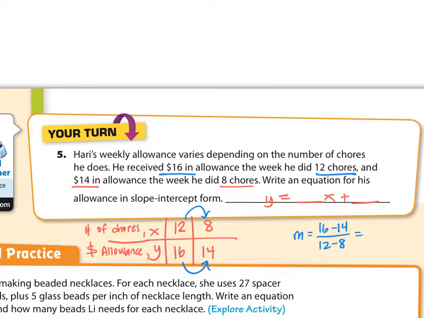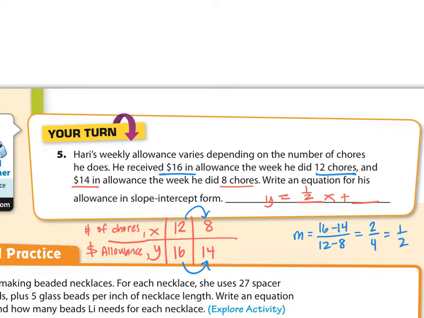If I did it the other way, I would get them both negative, which is still a positive. I know that some of you still get confused by switching them around, but this is just fine. 16 minus 14 is 2, and 12 minus 8 is 4. Remember, y goes on top and x goes on the bottom. This reduces down to 1/2 or 0.5. So I'm going to put in as my slope 1/2.